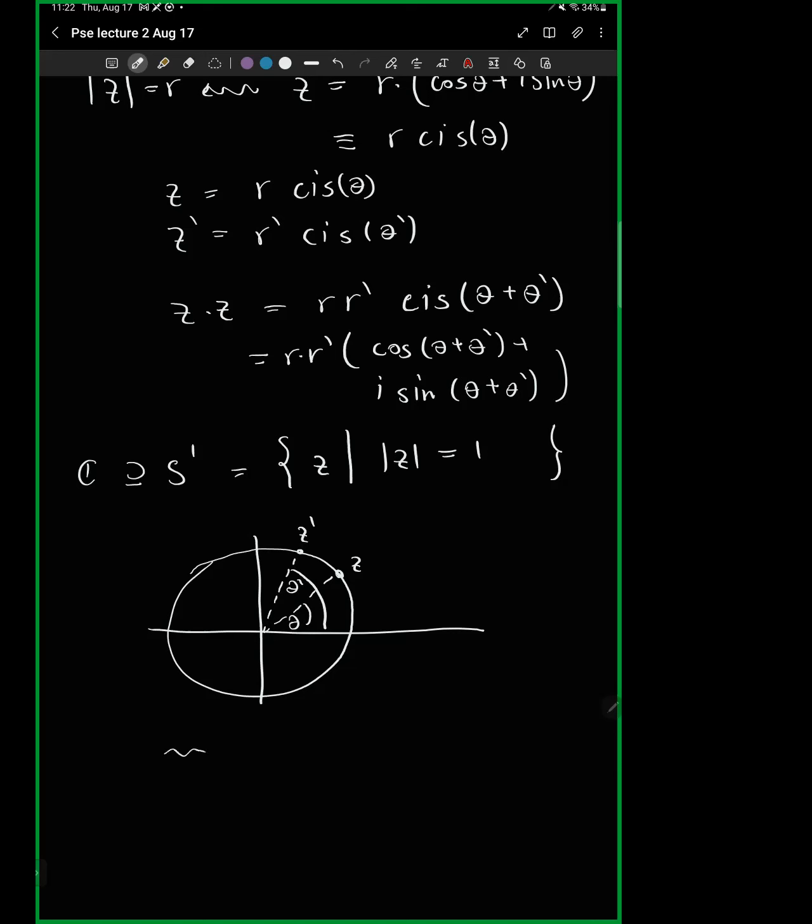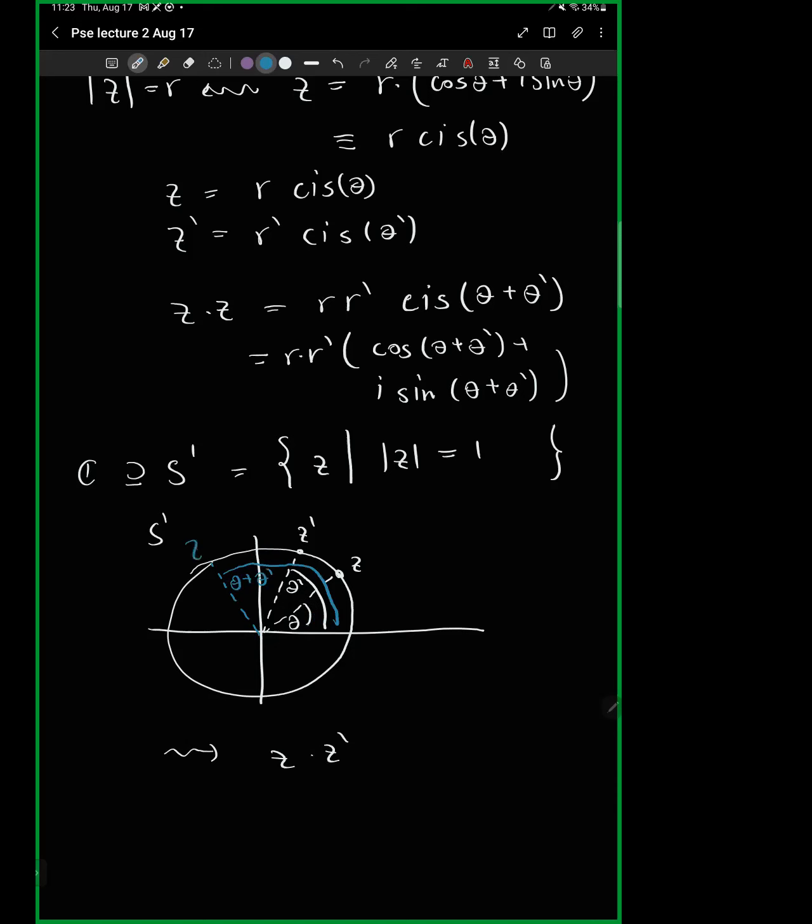So when I multiply z and z prime, what I get is a point that has radius 1, so it must lie again on the circle. And the way I compute it is, I simply add the angles theta and theta prime. So this would be something like this, where the angle here is theta plus theta prime.